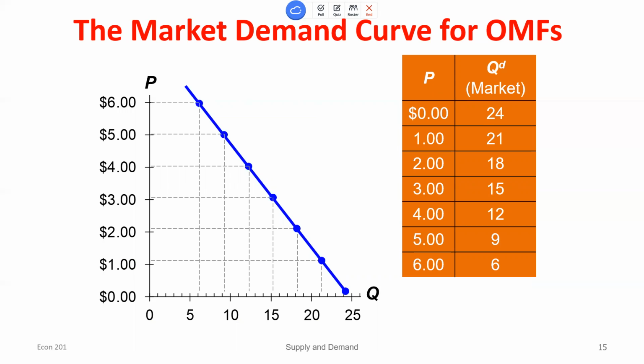Draw a line between them and think about, I don't have to just change the price by $1. I could change it by 50 cents, 20 cents, whatever I want. And so we can have this nice continuous linear demand curve. I don't think that's too crazy. All we're doing is adding up every individual's demand at every single price to come up with market demand.